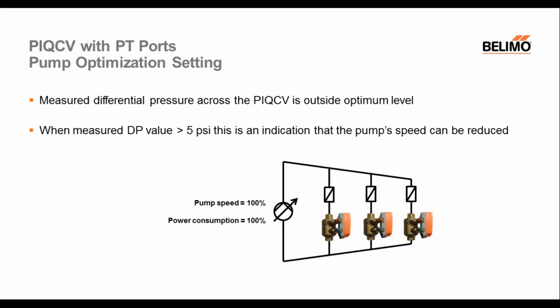While 5 to 50 psi is what we require to have pressure independence in our PIQCV, we can also experience some optimization.